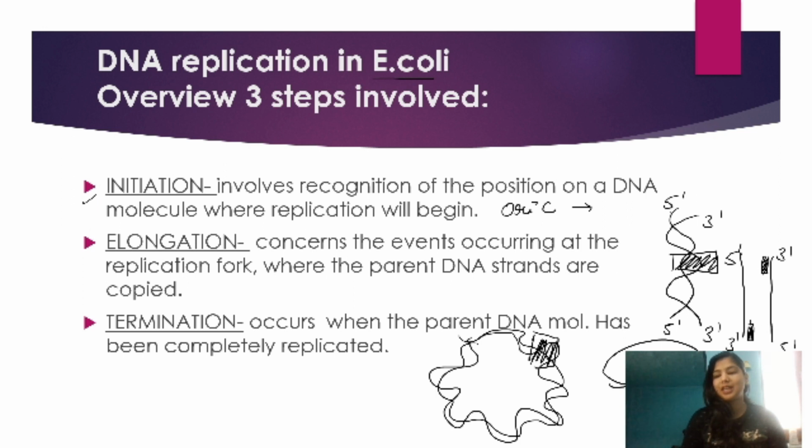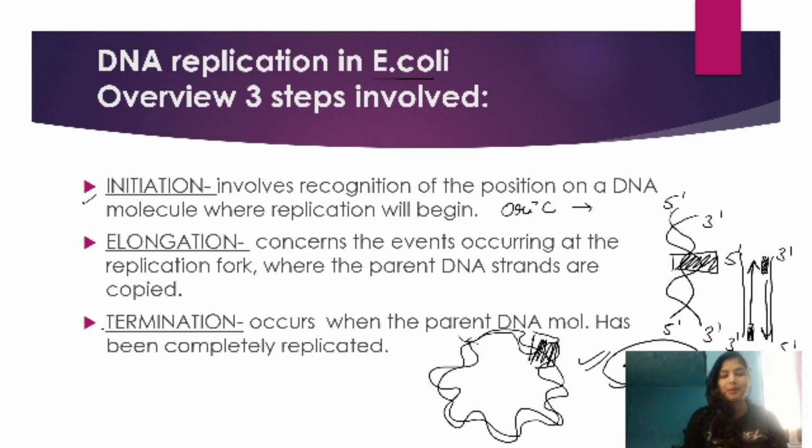So the replication will be followed in an antiparallel or opposite side. Same in the case of this, one side this one and another like this. So in elongation, the replication continues.